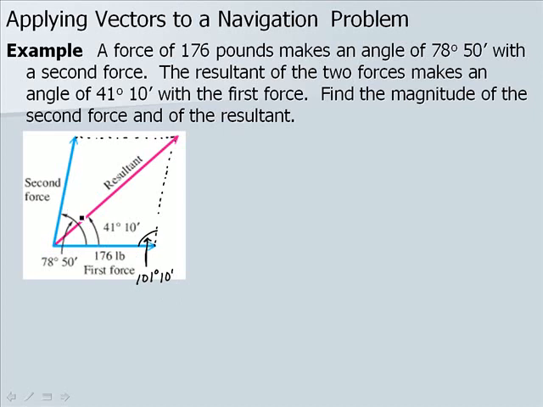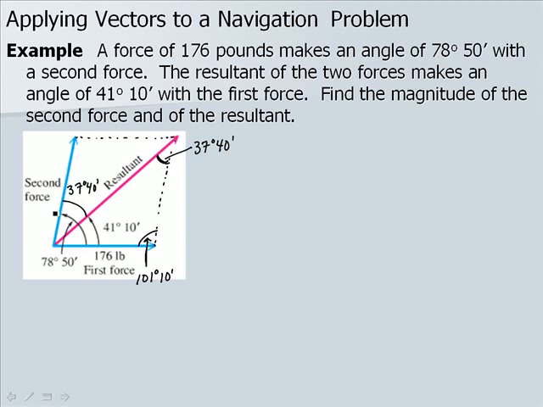Then we can find our angle here, which would be 78 degrees 50 minutes minus 41 degrees 10 minutes, and we see that this angle would be 37 degrees 40 minutes. And this angle will be identical to our opposite angle in our parallelogram here, so we know that this is then also 37 degrees 40 minutes.